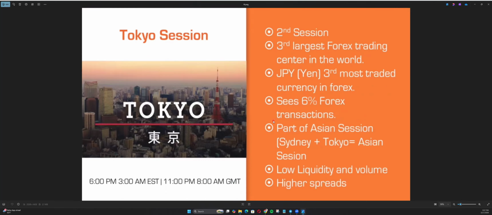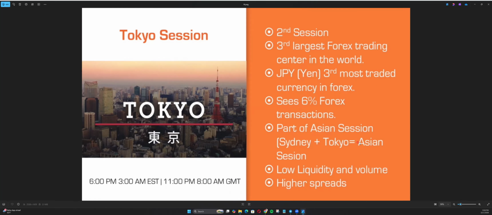Now we have Tokyo, where the Japanese yen is being traded around that time zone. This is the second session and it is the third largest forex trading center in the world. The yen is the third most traded currency in forex and sees 6% of forex transactions. Sydney and Tokyo are called the Asian session.